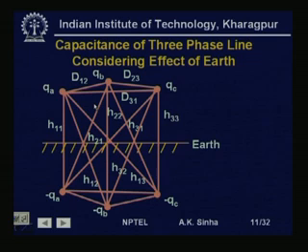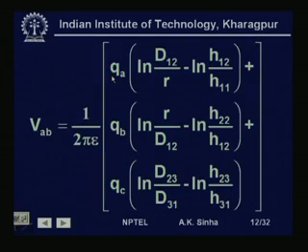Now, because of the image conductor that is placed here, again we will have minus Qa as the charge on this conductor, and the distance from this to B will be H12 and the distance from this to A will be H11. Therefore, we have this minus ln(H12/H11), because minus Qa is the charge.